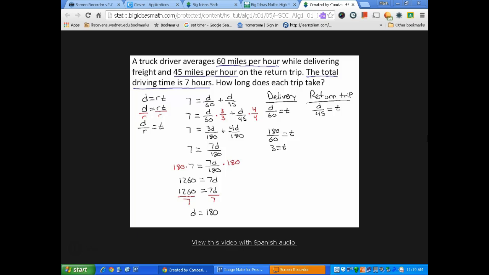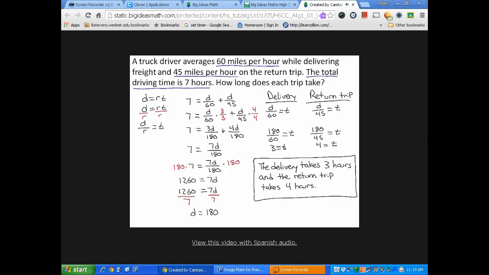Substitute 180 for D in the equation D divided by 45 equals T to determine how long the return trip takes. Did you guess? Yeah, you were. 180 divided by 45 equals T, which simplifies to 4 equals T. So the delivery takes 3 hours and the return trip takes 4 hours.